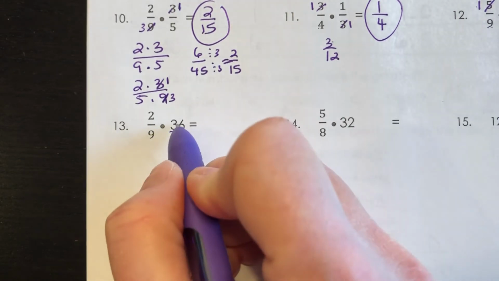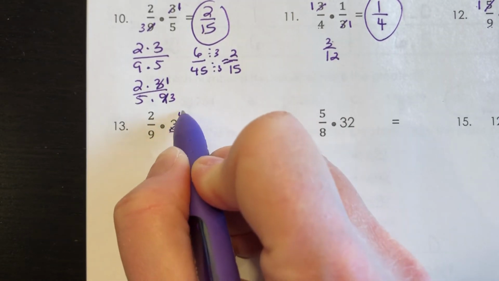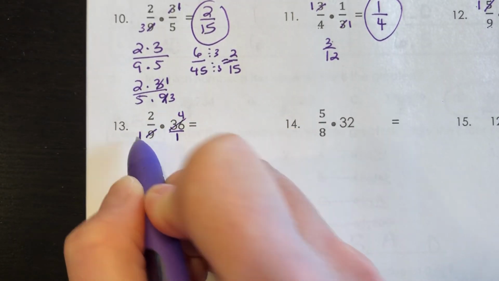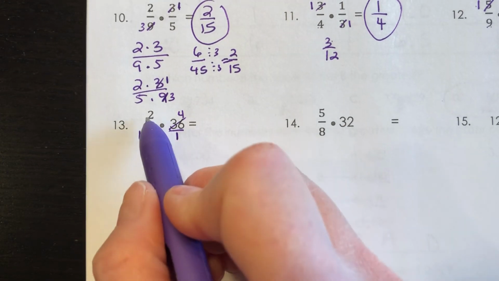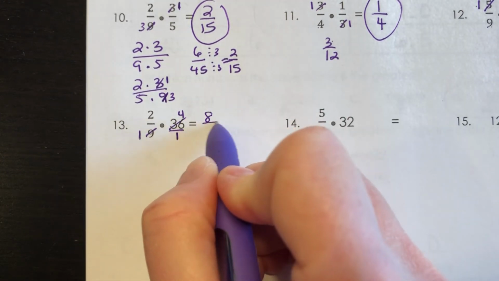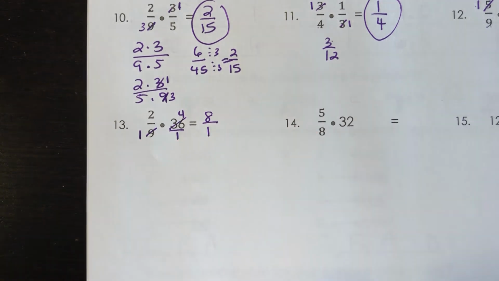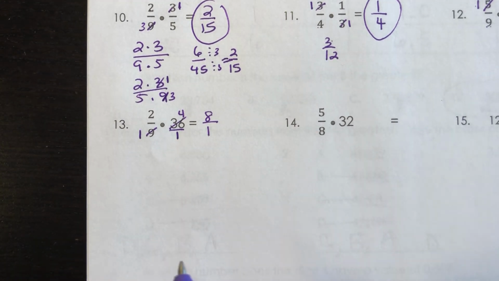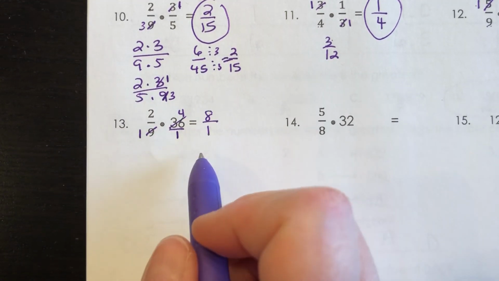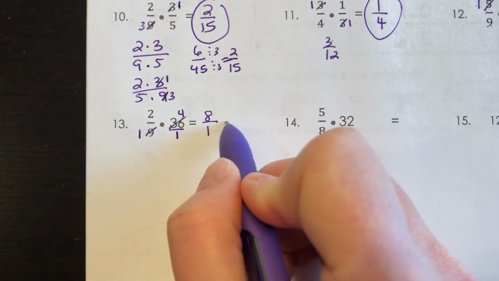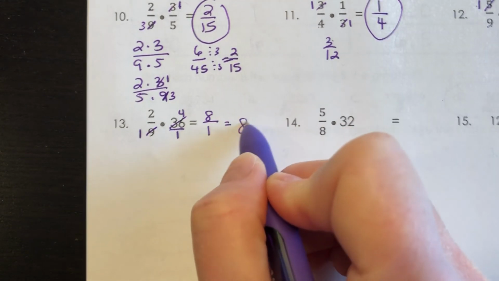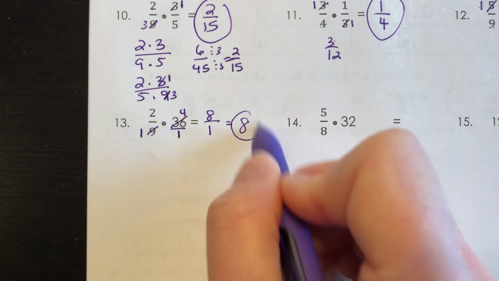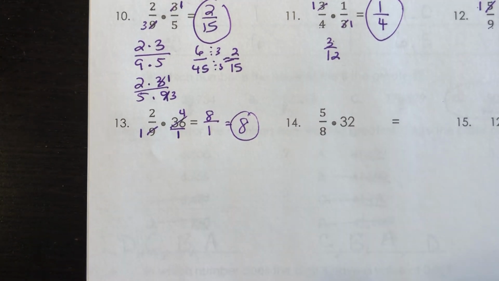That means that 36 divided by 9 is 4, and 9 divided by 9 is 1. So 2 times 4 is 8. 1 times 1 is 1. And if we're going to write this in simplest form, this is improper, right? What's 8 divided by 1? It's 8. So instead of saying 8 over 1, give me 8 as your final answer.